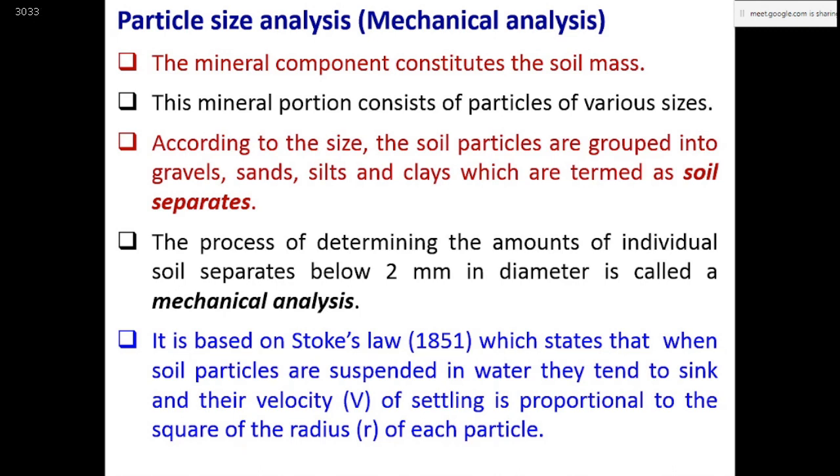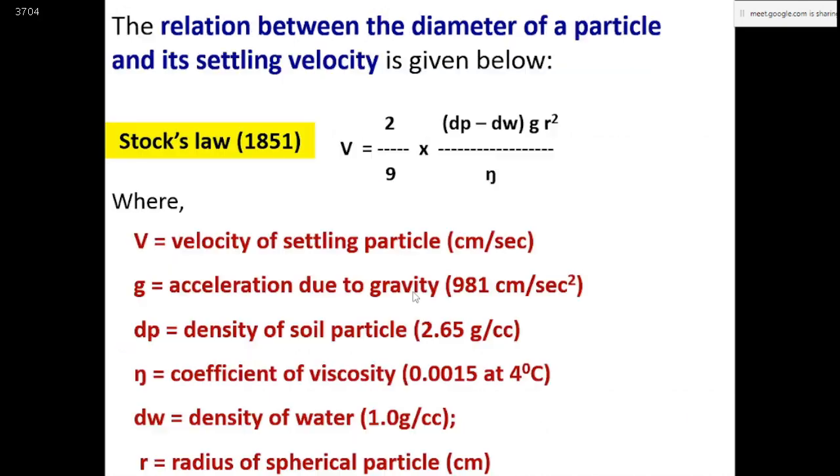According to the radius of these particles, the particles sink down, or settle down. The velocity of settling is different for particles having different sizes or different radii. So it depends on the radius of the particles. That is Stokes law.